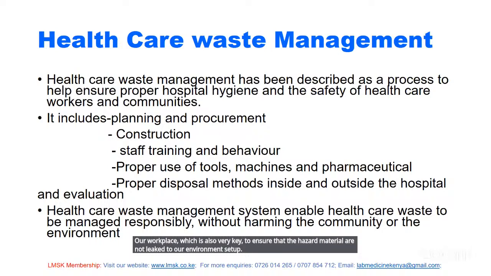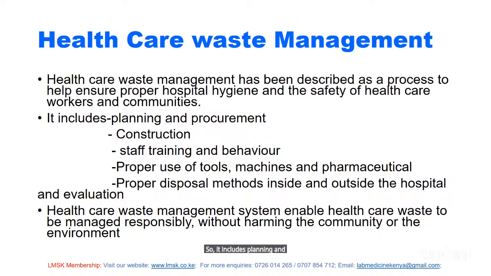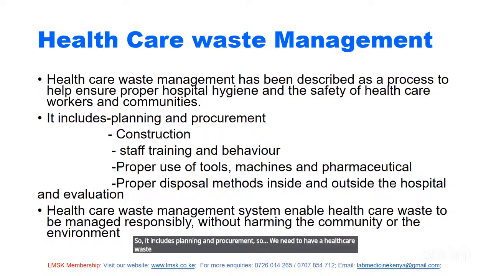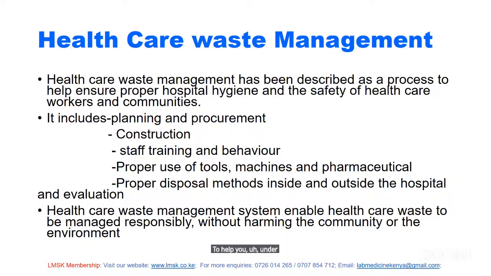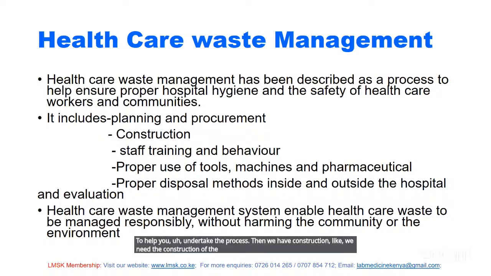So it includes planning and procurement. We need to have a healthcare waste management plan. Then how are you going to procure the material that you need to help you undertake the process? Then we have construction, like we need the construction of the waste disposal sites and other things.